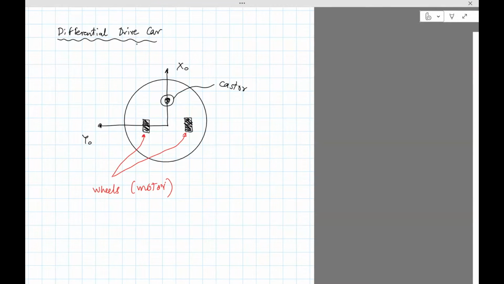So an example would be if you went to a big box store where they had those carts, you'll see that the forward wheel is usually a caster. So it can orient in any direction. So if you move it to the left, the cart will move to the left. If you move to the right, it moves to the right, and so on.